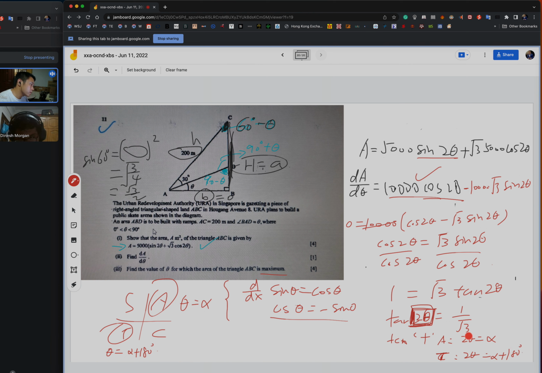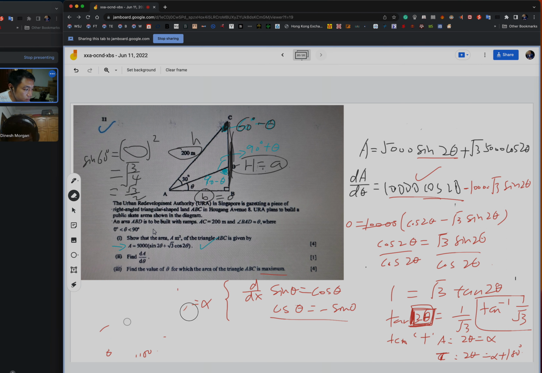Can you help me out using a calculator? So tangent inverse 1 over square root 3. I think it's a special angle. 30°, right? Okay, good.